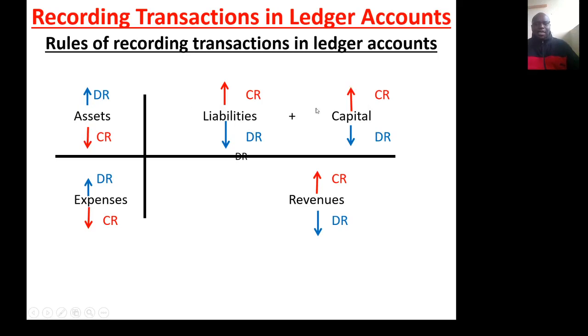The same applies to capital. An increase, you record on the CR side, and a decrease on the DR side. The same also happens to revenue accounts. An increase, CR side, and a decrease, DR side. Let us look at the specifics: assets, liabilities, capital, expenses, revenues.